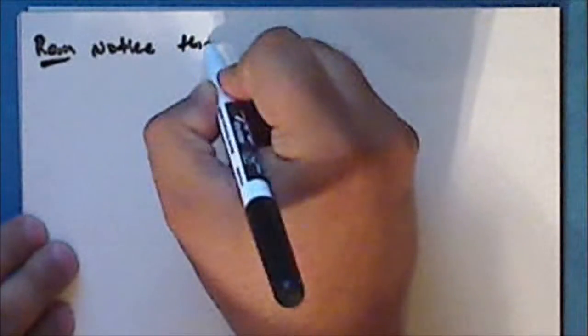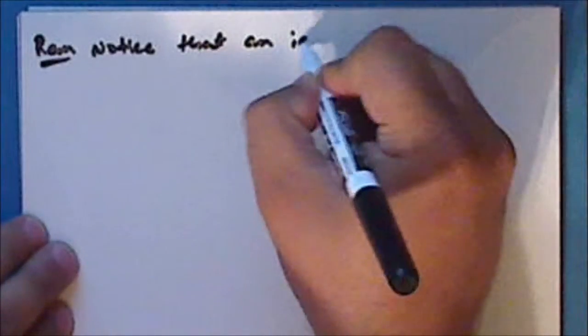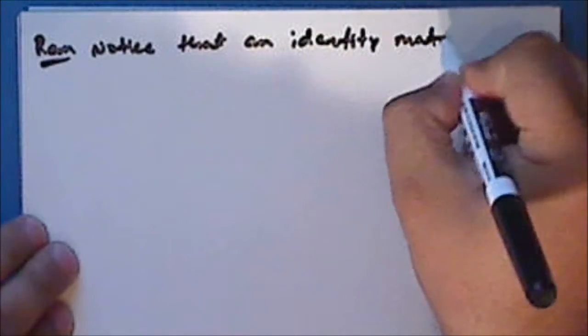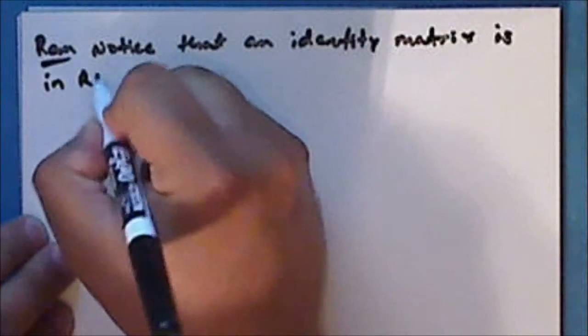So notice that an identity matrix is in reduced row echelon form.